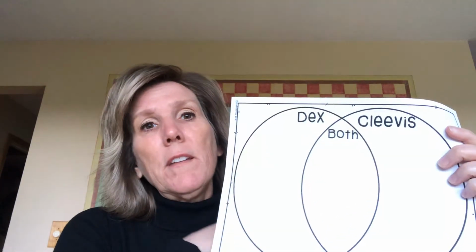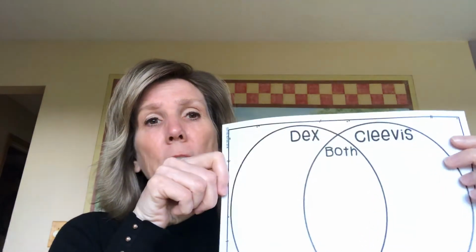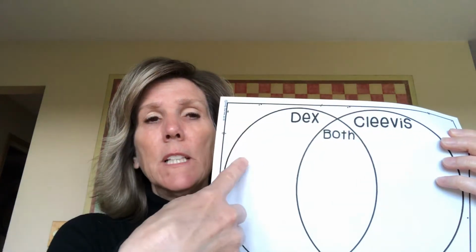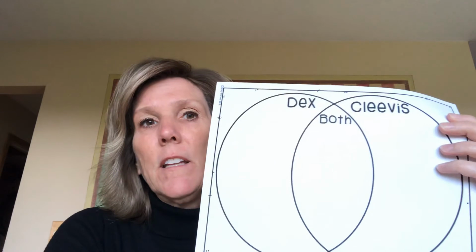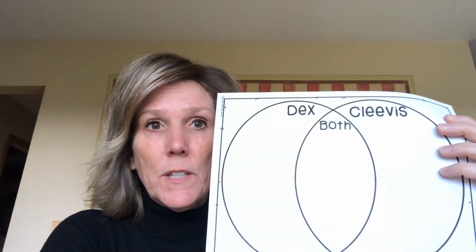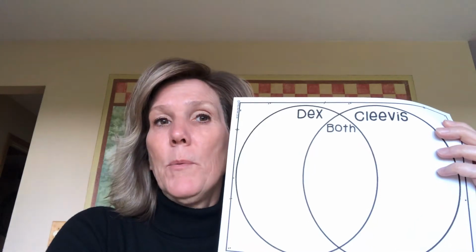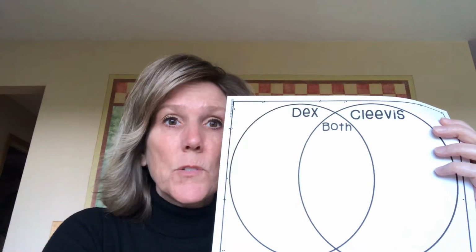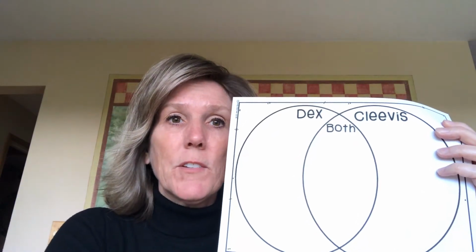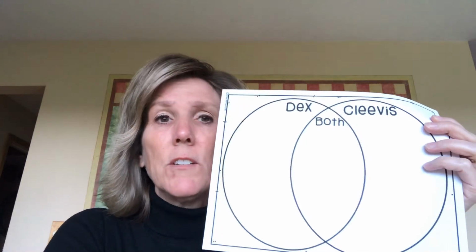So some things to remember when you're comparing. Think about how Dex and Clevis were in the beginning of the story. That might help you. And then also think about how they were at the end of the story. That could help you figure out some differences too, or how they've changed.